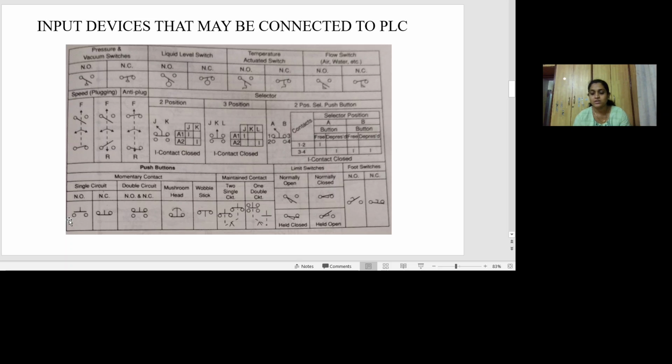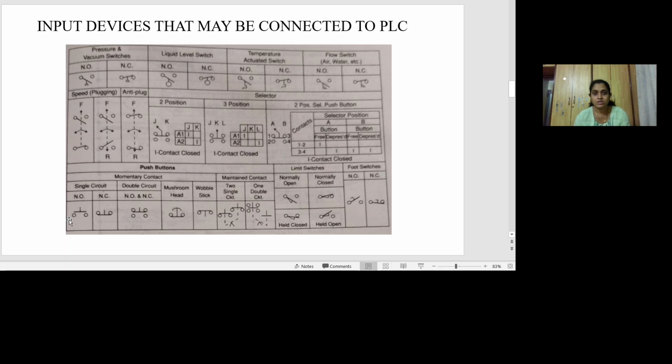Each contact is a piece of electrically conductive material like metal. So your contact consists of a conductive material like metal, and whenever a pair of metals come in touch with each other, then current can pass through it.